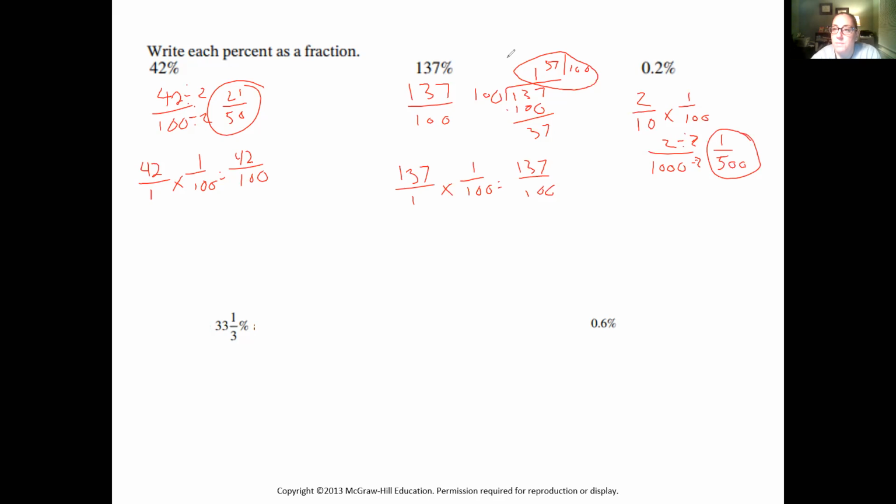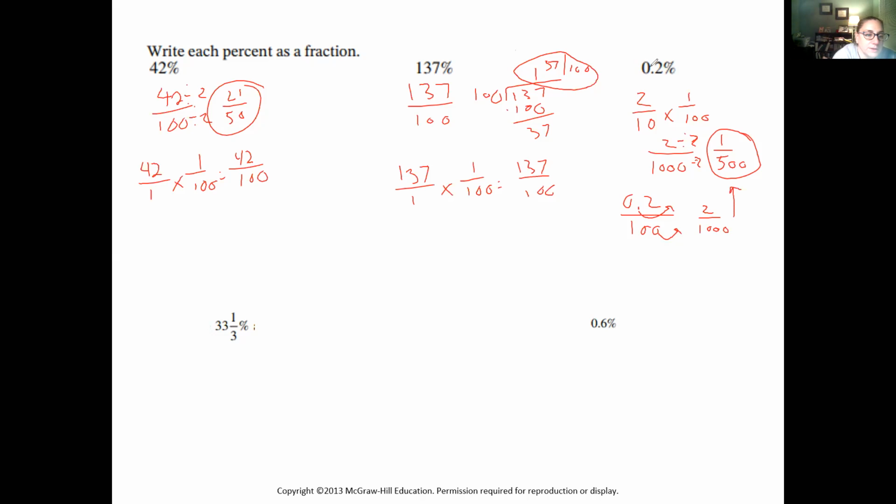And then the other way, if you wanted to do it, it would be 0.2 over 100. Move this over once. Move this over once. 2 over 1,000, which reduces.